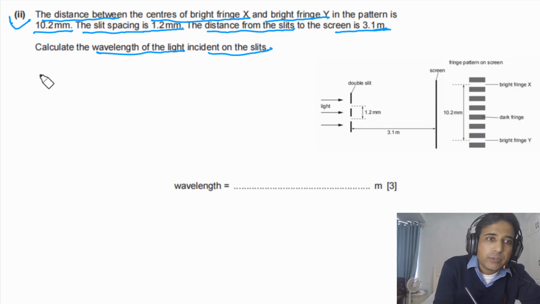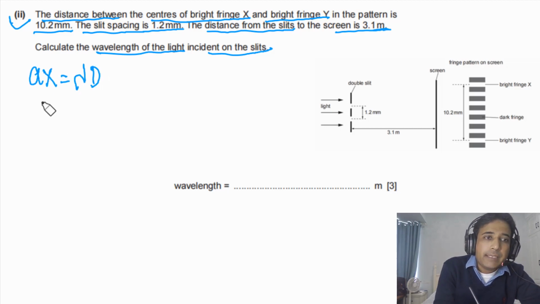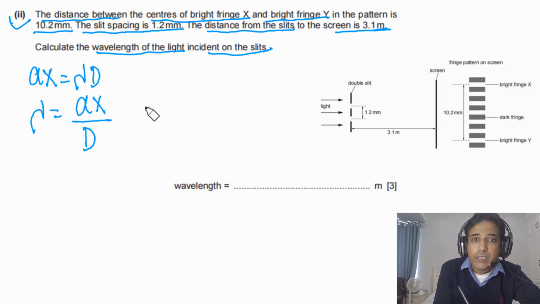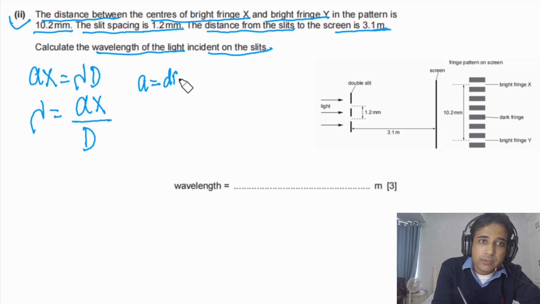In order to answer this question, we need to understand that ax equals lambda times capital D, and we need to find lambda. So lambda will be equal to ax divided by capital D. So we need to understand what A is. A is the slit separation. Slit separation means the distance between centers of slits.